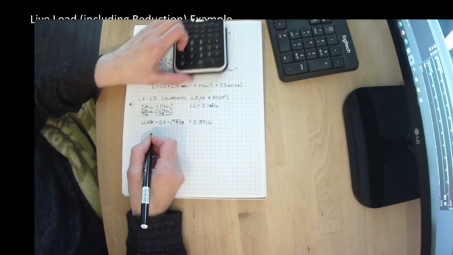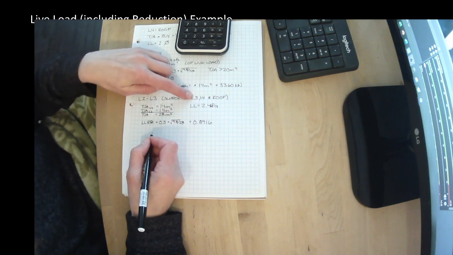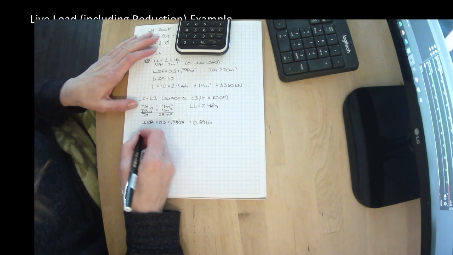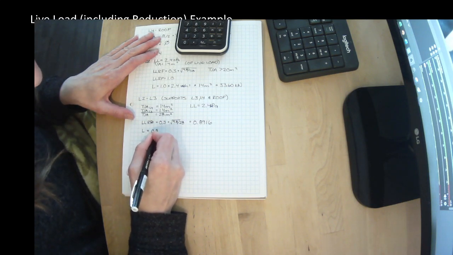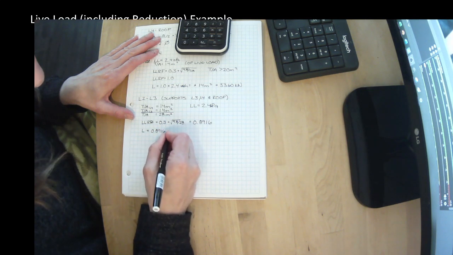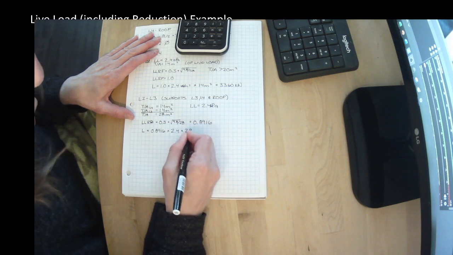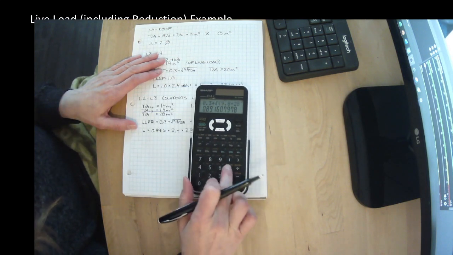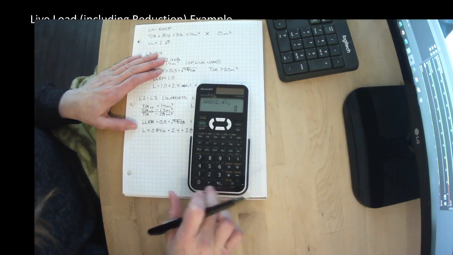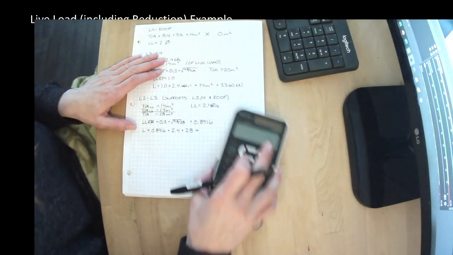So the live load on the column between level 2 and level 3, that's picking up live load on level 3 and level 4, is 0.8916 times our 2.4 kPa times our 28 meters squared. And we end up with, I did something funny there.